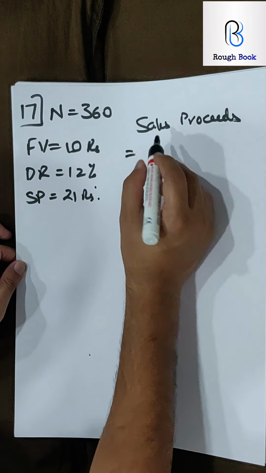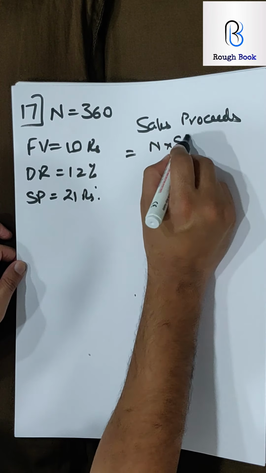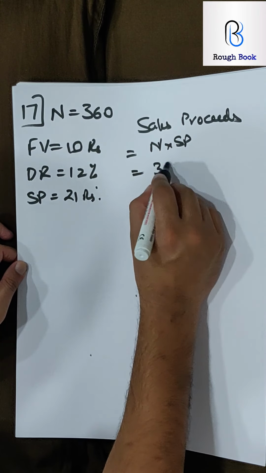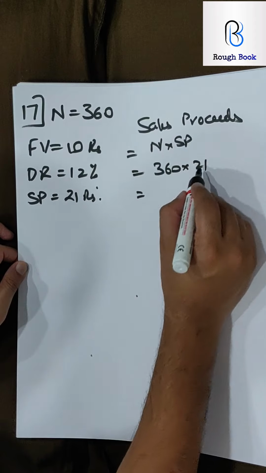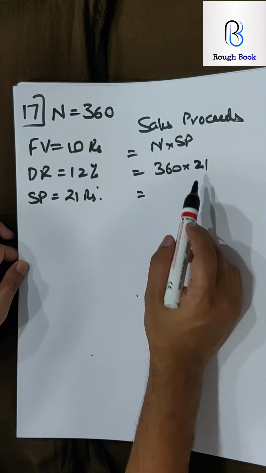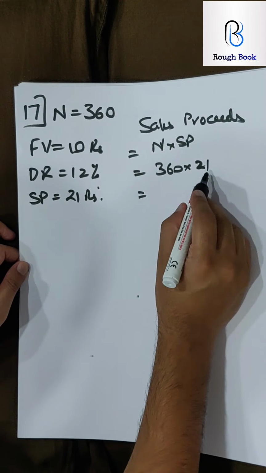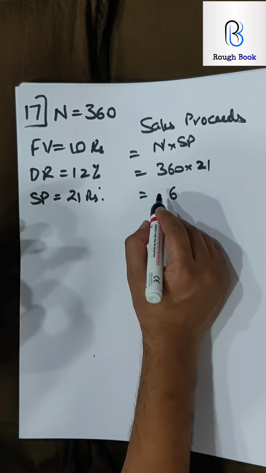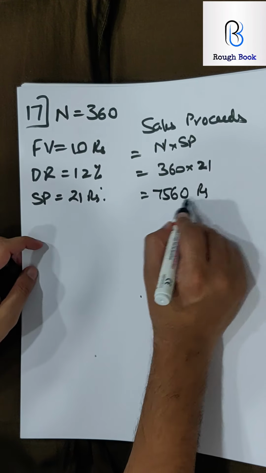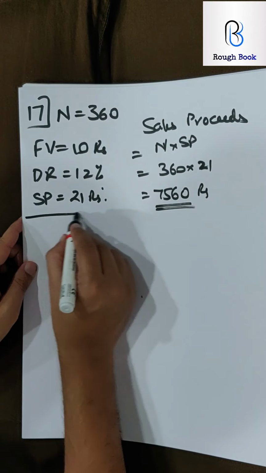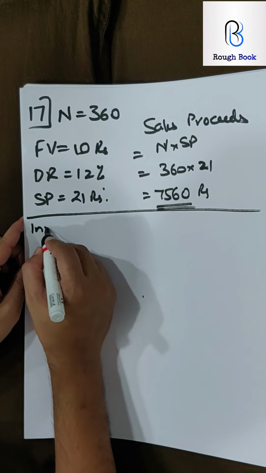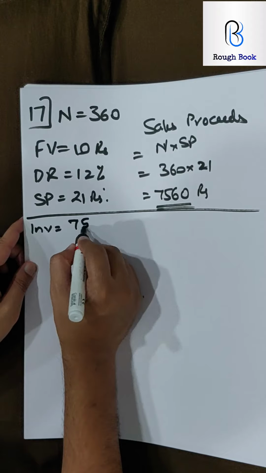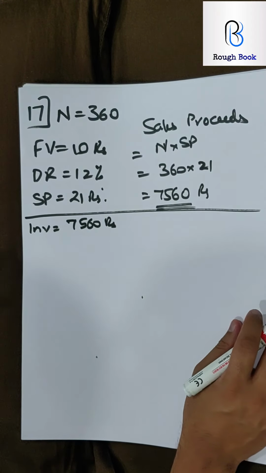So sale proceeds will be number of shares into the selling price. So number of shares 360 into 21. So 36 21 times. 36 ones are 36, 3 carry. 36 twos are 72 plus 3 is 75, and 0. So now this becomes the second share ka investment, that is 7560 rupees.